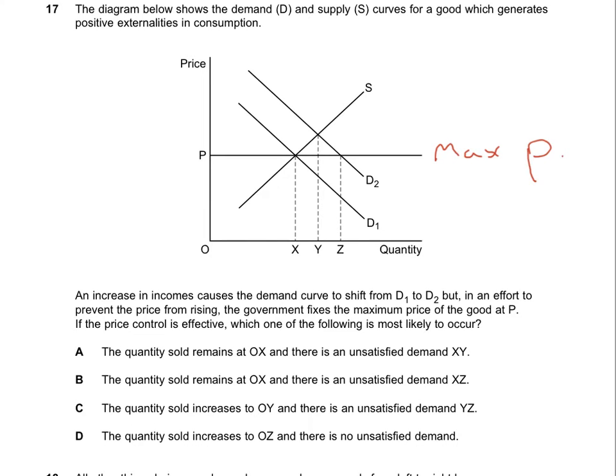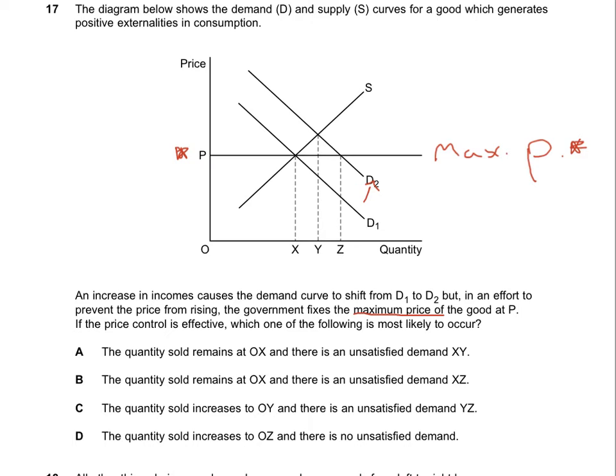This question then is to do with maximum pricing, which is one of the government interventions available, sometimes used in the housing market for rental housing, but it doesn't always produce the desired result. An increase in incomes causes the demand curve to shift from D1 to D2, but in an effort to prevent the price from rising, the government ensures that the price cannot go above this price here, which we're going to call the maximum price.